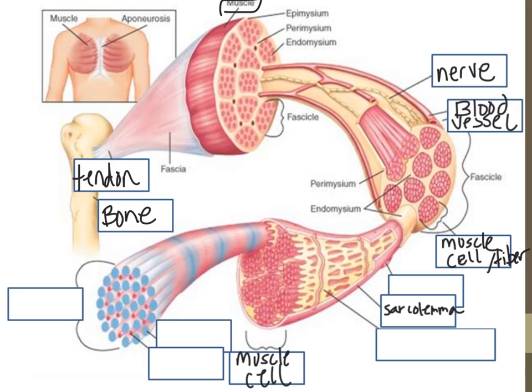So I see one here, here, here, here. This is the nucleus, one of them. Just to remind myself that it's plural, I'm going to leave that as nuclei. And then I've got this netting type thing over it. This is a specialized endoplasmic reticulum called the sarcoplasmic reticulum.